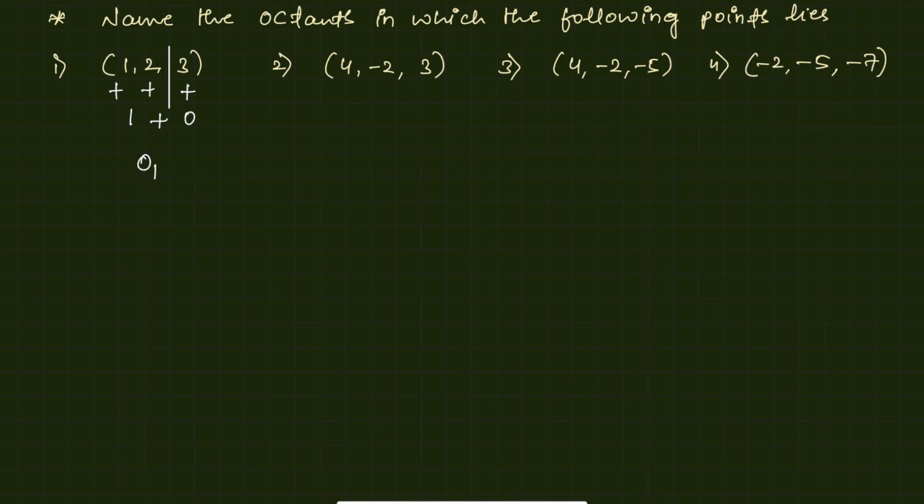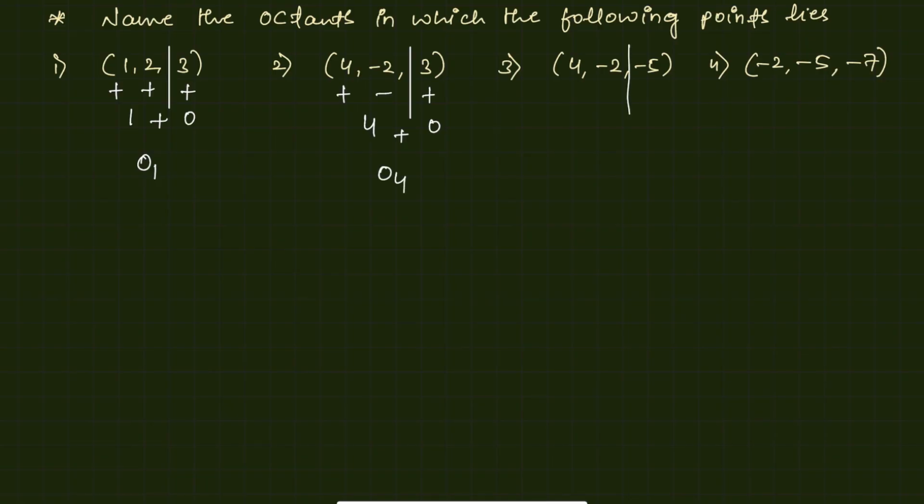Now consider the second example, 4 comma minus 2 comma 3. Here x is positive, y is negative, so it is the fourth quadrant, and z is positive. If z is positive, add 0. So 4 plus 0, it is the fourth octant.